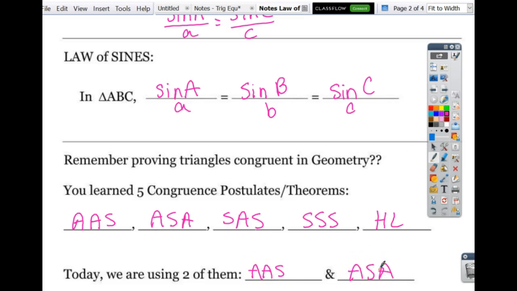So today we're just going to use two of them with the law of sines. We're going to start with them. And for the record, which one can you not use in geometry?